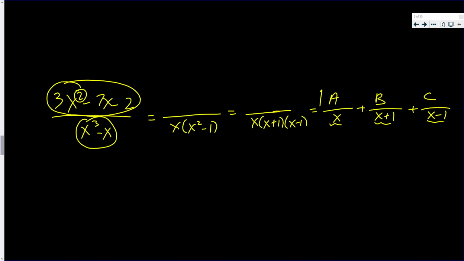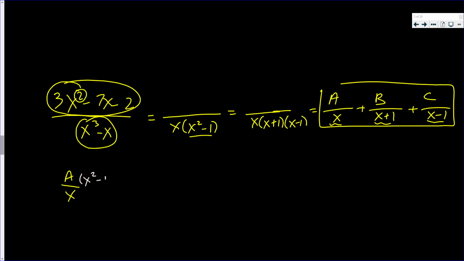So I want to write this with a common denominator. So right now I have a over x, and I need to multiply it by x squared minus 1, x squared minus 1, top and bottom. Plus b over x plus 1.